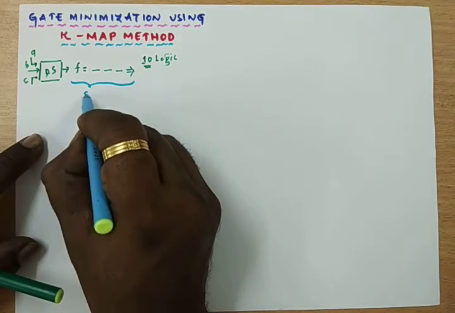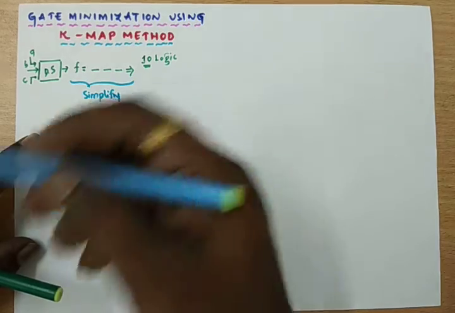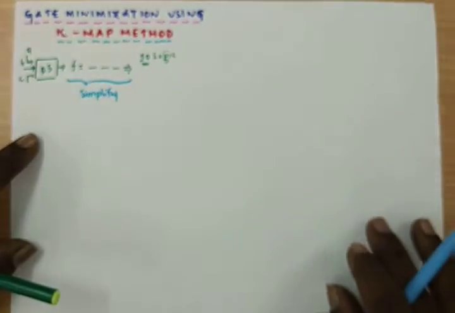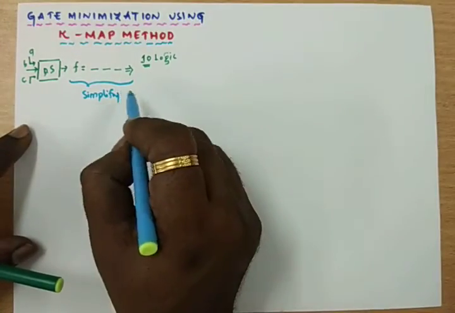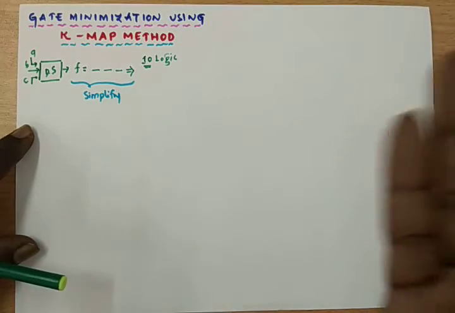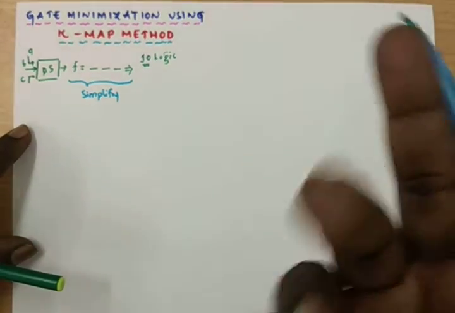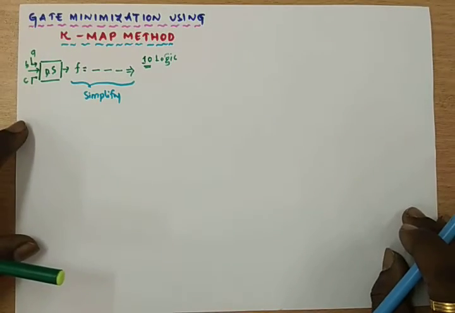If I simplify this Boolean expression, I am not going to change the output. Simply the output expression is getting simplified, but the output is not going to be changed.